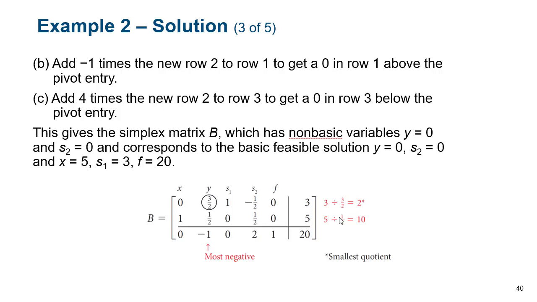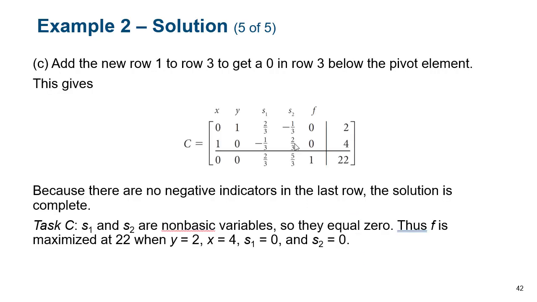We check our two ratios, our two quotients, right, our two fractions, and we find the smallest one here, and we pivot on that to get our next transformed matrix, which is this one. And now we can see that there's no negative indicators in the last row, so the solution is complete. We can see that y is 2, x is 4, our profit is 22, and both of our slack values are 0.